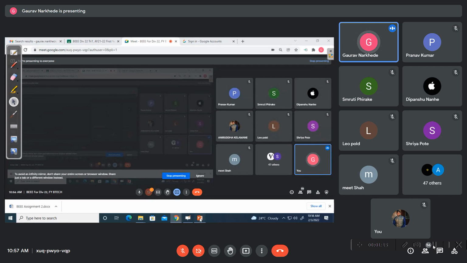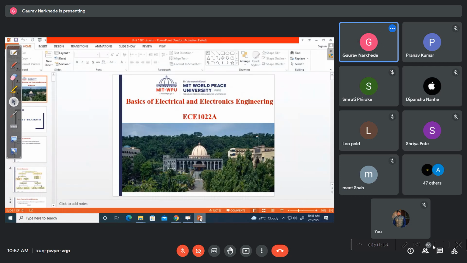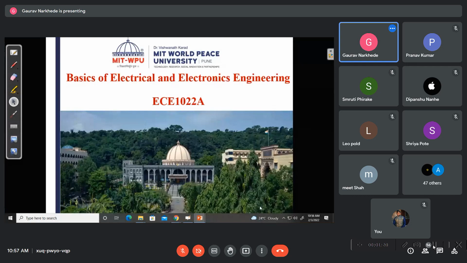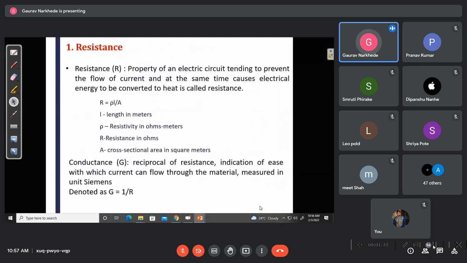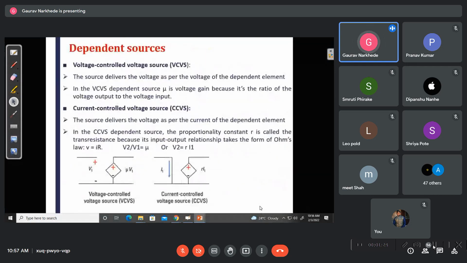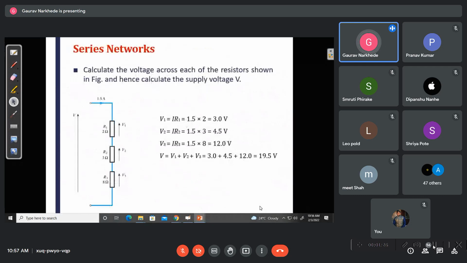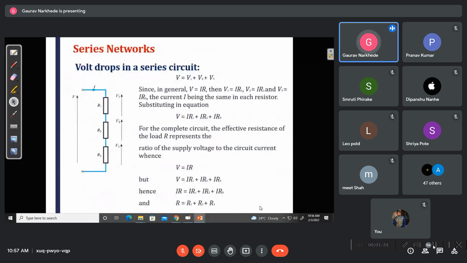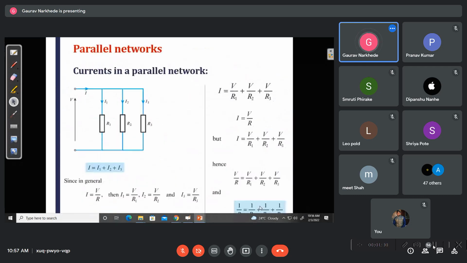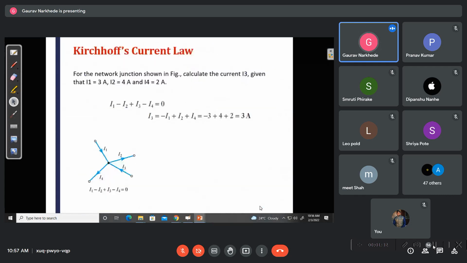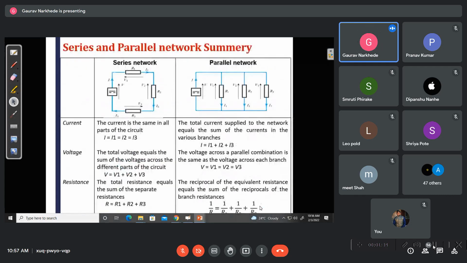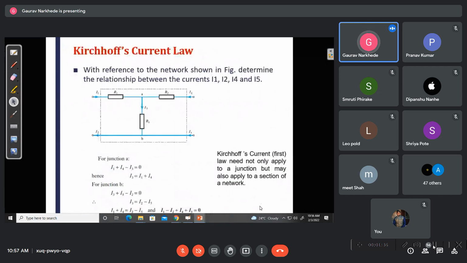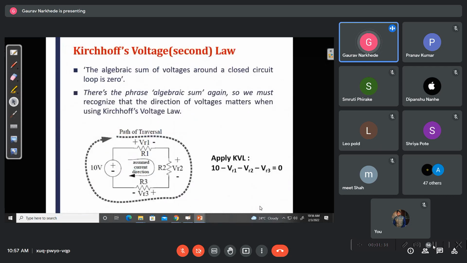Further part I will be teaching on your whiteboard, because it's somewhat logical part. So what we will be covering today: what is series network, what is series connection, what is parallel connection, right? And then we know what is Kirchhoff's law, that we have seen in the lecture, how to apply it.